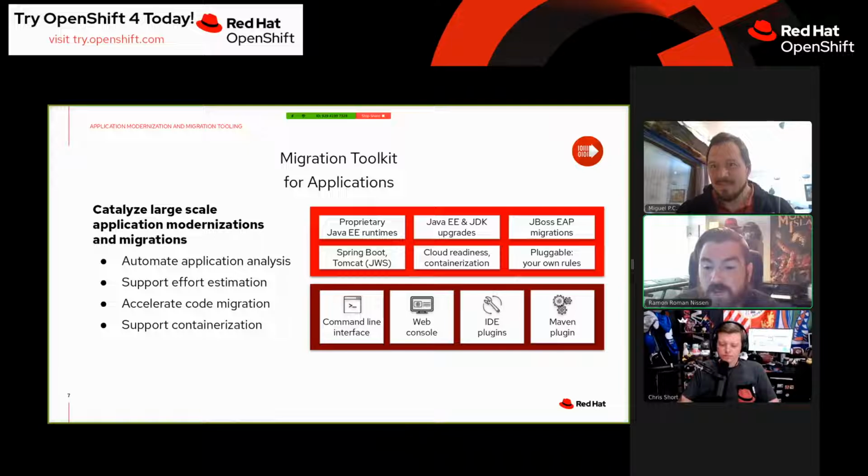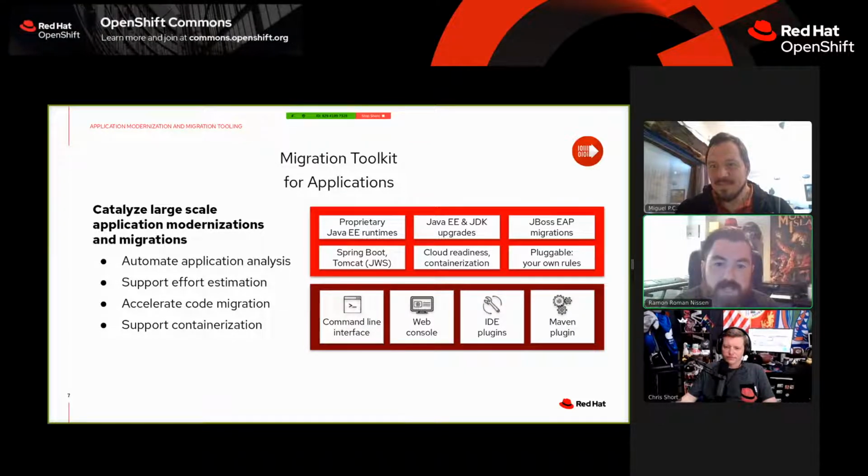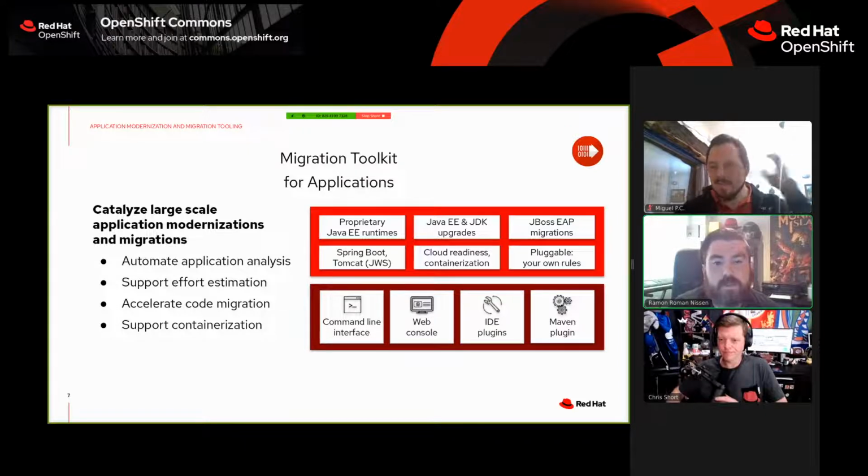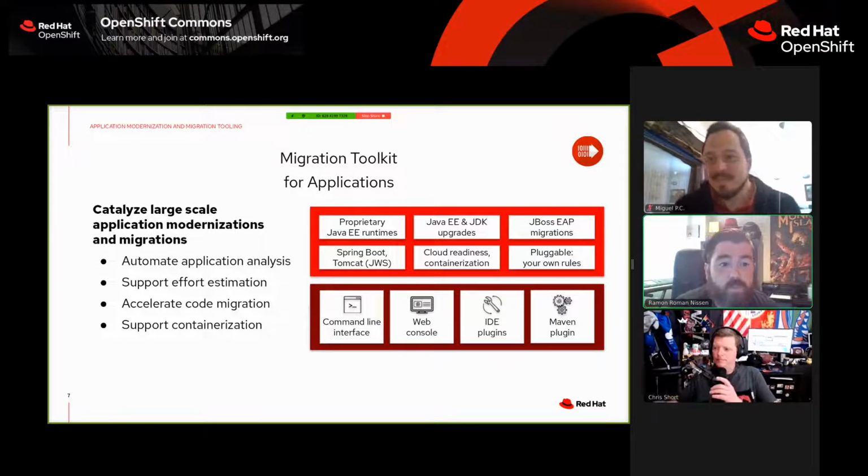So they tried to migrate to EAP by themselves several times without success. They tried with external providers and also unsuccessful. And they came to us. They were really interested in moving towards EAP 7. And well, we used MTA. We were able to detect where the coupling points with WebLogic were. And we changed the code exactly where it was necessary and deployed these applications successfully in EAP 7.